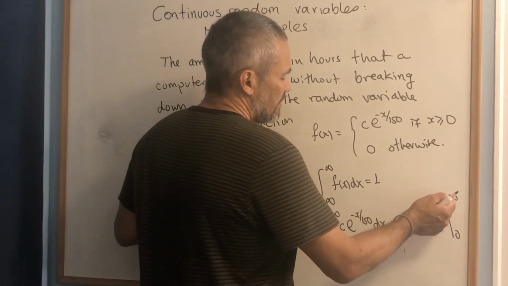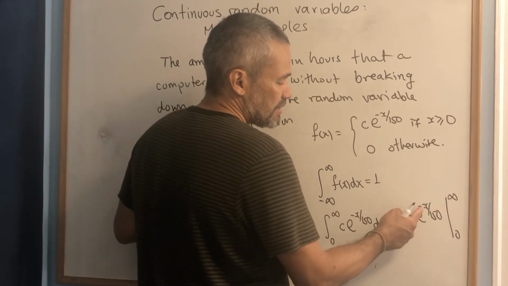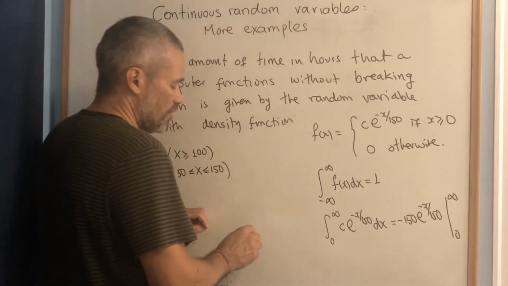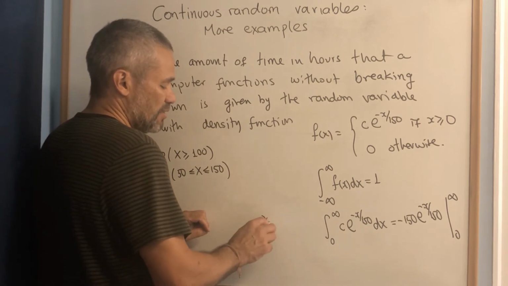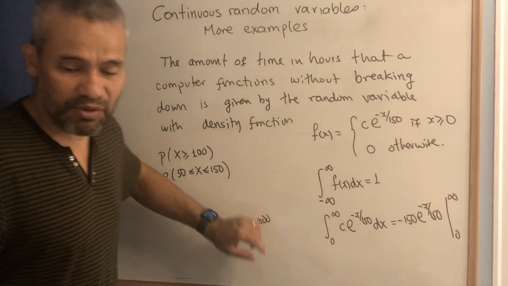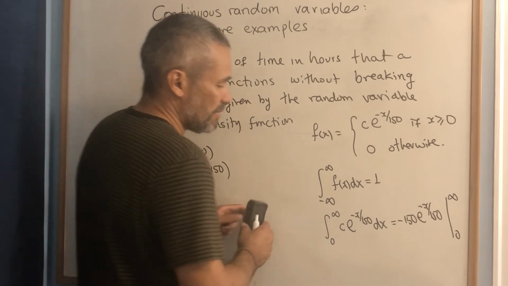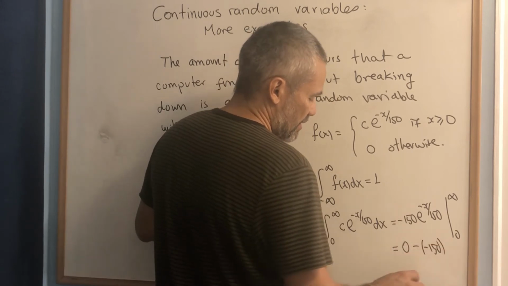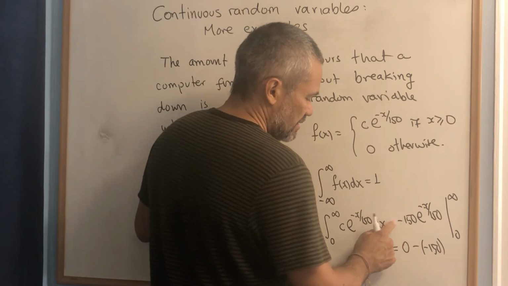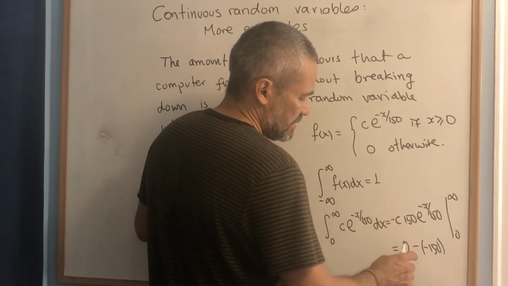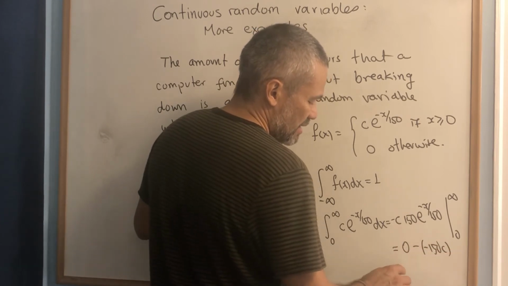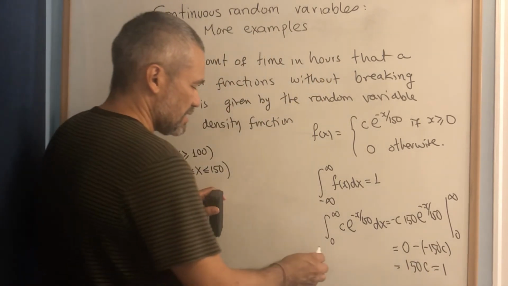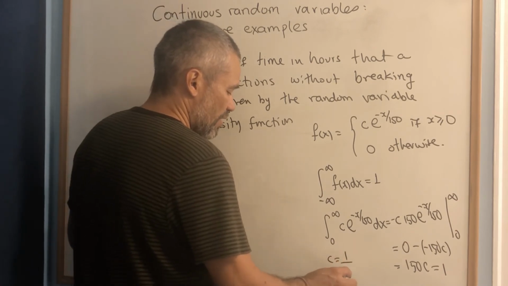When we compute the antiderivative at infinity, we are computing a limit, the limit when x goes to infinity, but since e to a very large negative number is very close to 0, you can try in your calculator e to the negative 100 or e to the negative 1000, a very, very small number. Then this limit evaluated at infinity is 0, and when you evaluate at 0, you get negative 150. Sorry, I forgot the c. This is negative c times this, and here we have negative 150c, and then this is positive 150c, and we want this to be equal to 1. That means that our c must be 1 over 150.